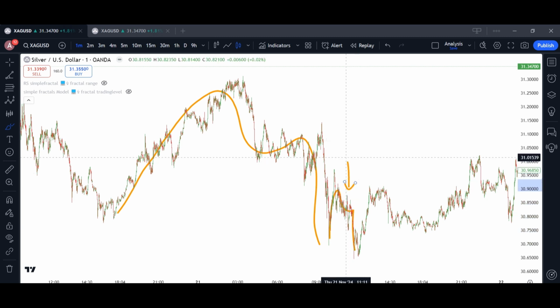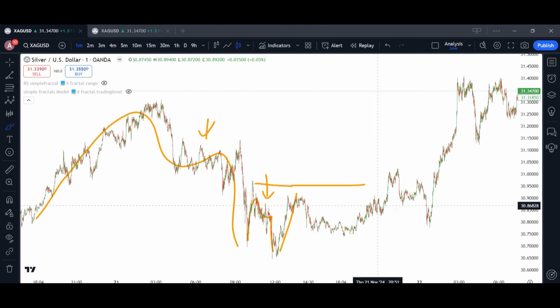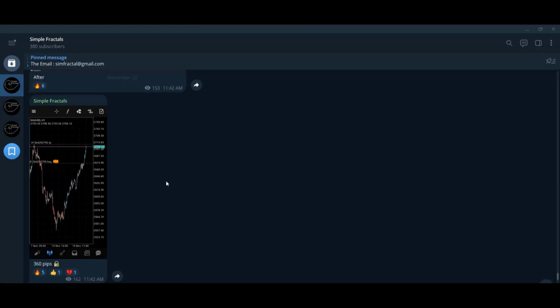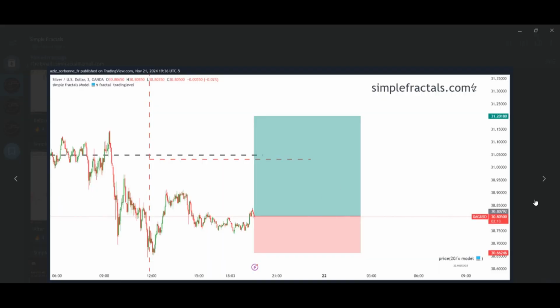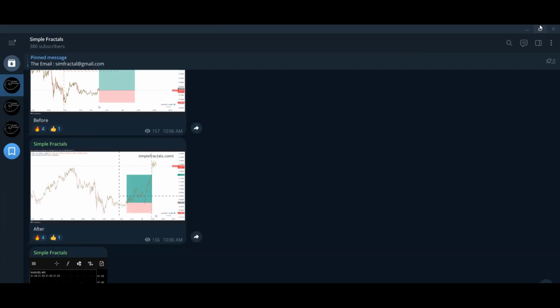So another time the child wave, the mother wave: the price goes back to the highs of the child wave, so on the big picture, the price will go back to the highs of the mother wave. And that's why we have executed this position right here on silver. We take a long position from here and we have targeted these highs right here.